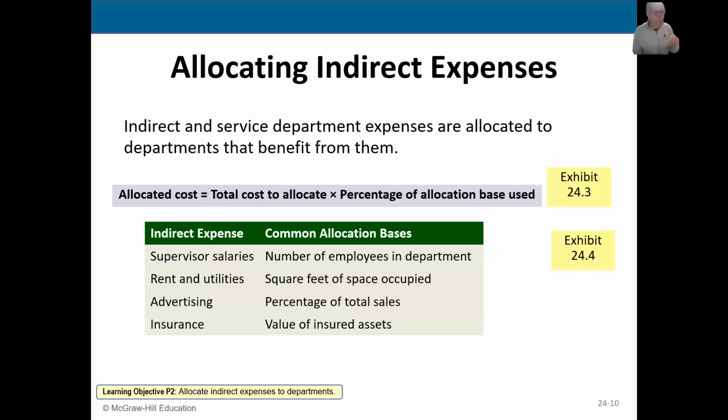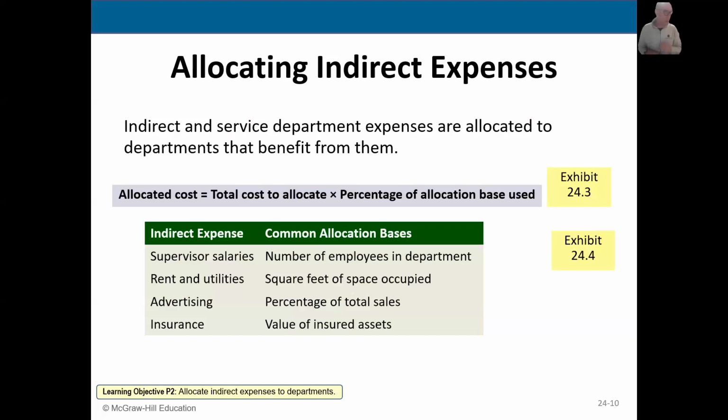So we take the number of employees working in the jewelry department and we allocate the supervisor's salary based off the number of employees in each department. The number of employees for each department is the activity base for allocating the supervisor's salary.